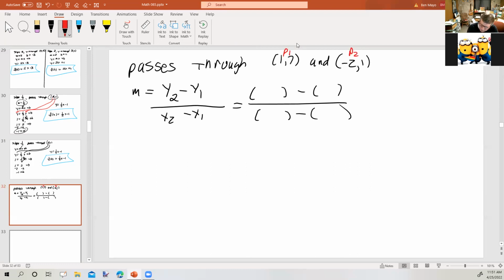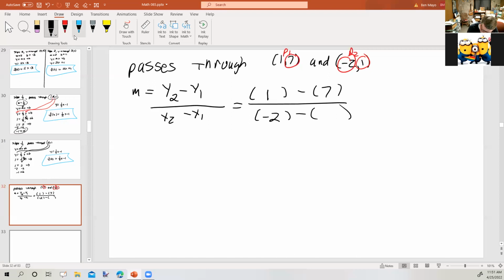So y sub 2 would be the y value of point 2, which is the 1, okay, right here. Y sub 1 would be the y value of point 1, which is the 7. X sub 2 would be the x value of point 2, which is -2.